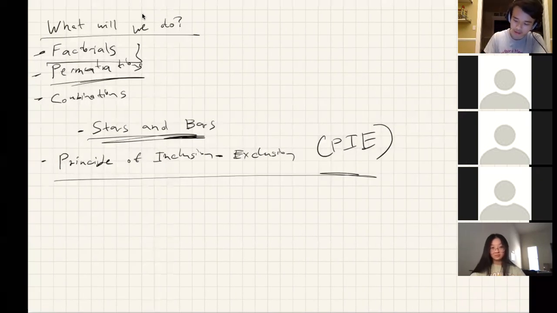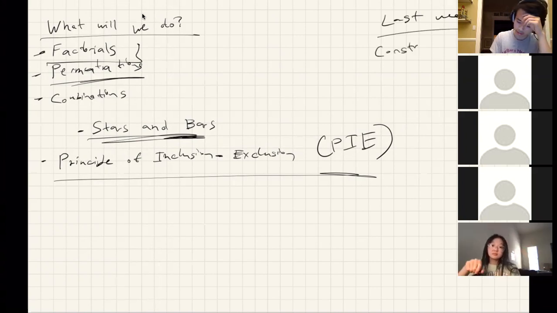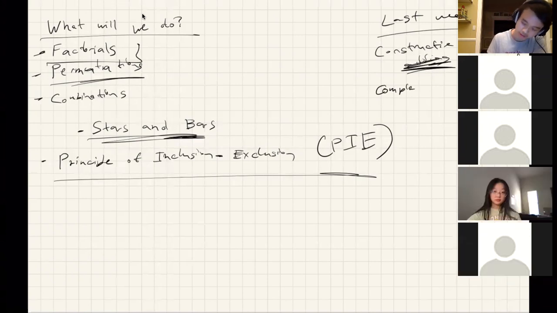So why not recap what we did last week? Last week we talked about the three main techniques in counting. Constructive counting, that's all about multiplication. I'm sorry, it's when you construct what you're counting element by element, sort of building it from the ground up.